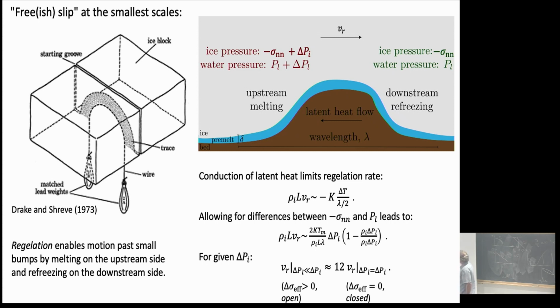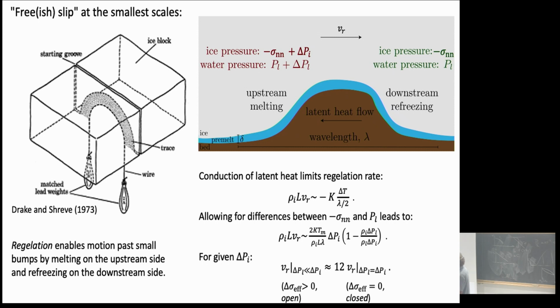There's a detail in terms of how this matters. We think about lots of different slotting processes. One of the slotting processes that's supposed to be important at very, very low obstacle size is this process of regulation, and this is a nice experiment that was done in the 70s, and it's been done since the 19th century by other people. Having a weighted wire pulled through an ice block and measuring the speed of that and what controls it and so forth.